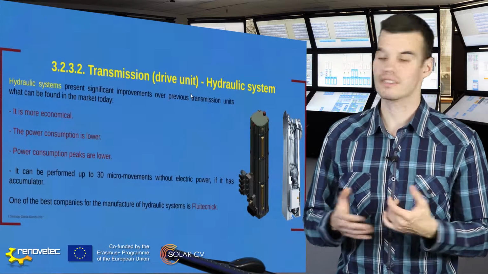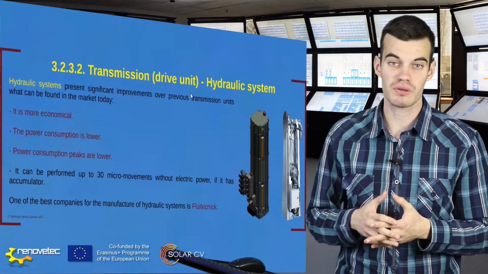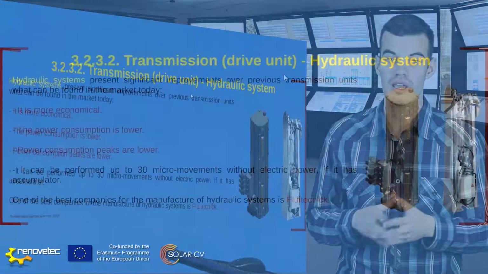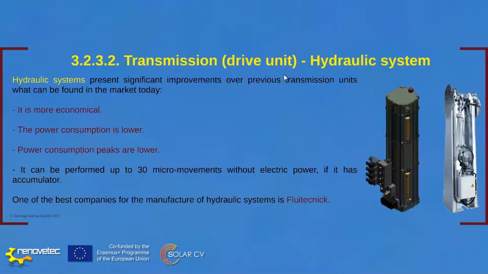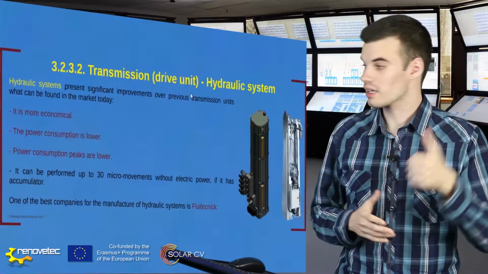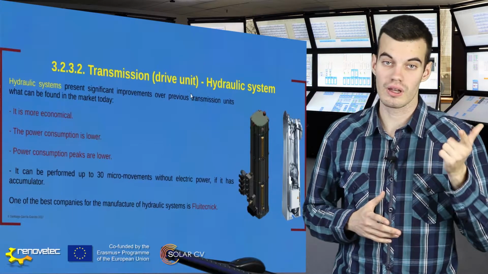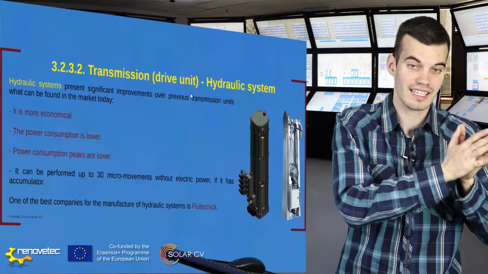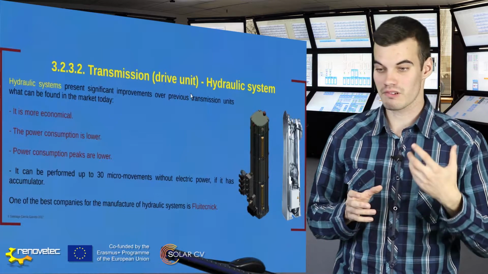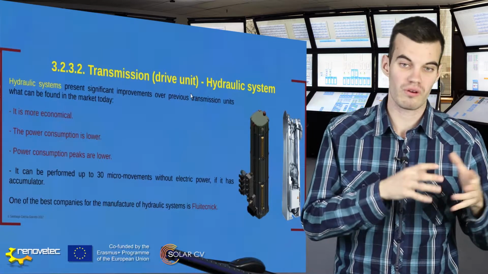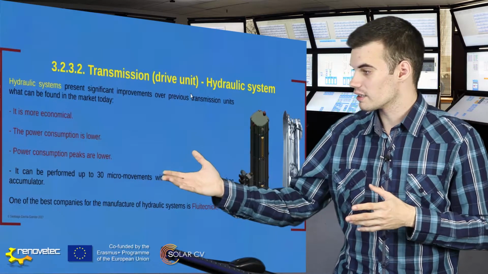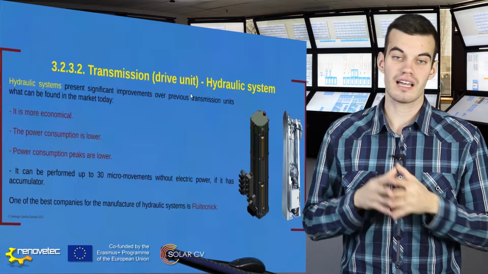Now we reach the main transmission unit for a solar thermal power plant, which is a hydraulic system. Hydraulic system presents some advantages versus the other systems: it is more economical, the power consumption is lower because the electric engine is going to require much more power, and the power consumption peaks are lower.